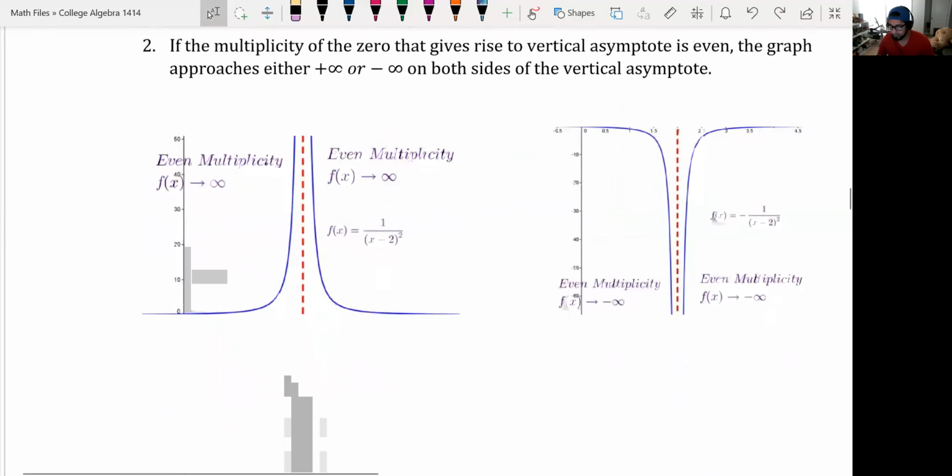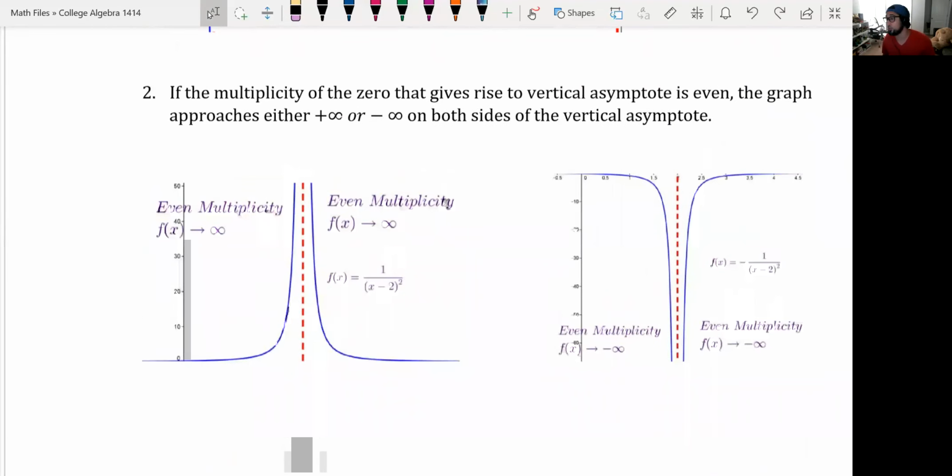Next is even multiplicities of vertical asymptotes. So if the zero that gives rise to a vertical asymptote is even, the graph will approach infinity or negative infinity on both sides of the vertical asymptote. So this time, both tails can head up or both tails can head down.